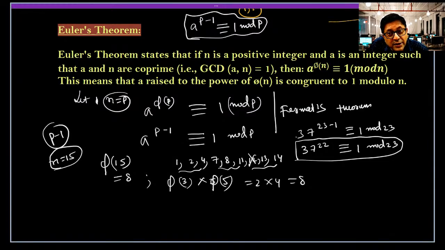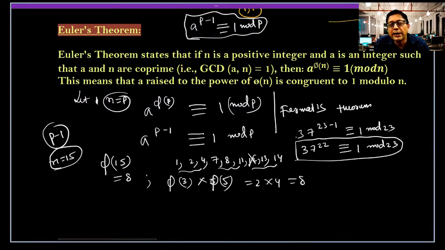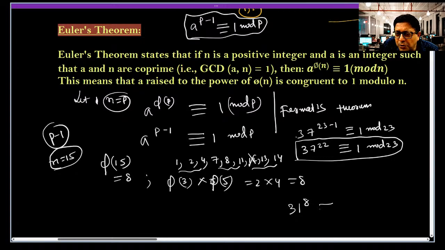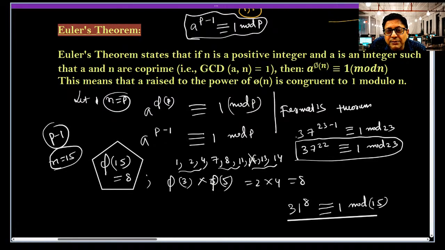Say we want to find, noticing that a and n must be co-prime, somebody wants to write 31 to the power 8. This will be congruent with 1 mod 15. Why 1 mod 15? Because phi 15 is 8.